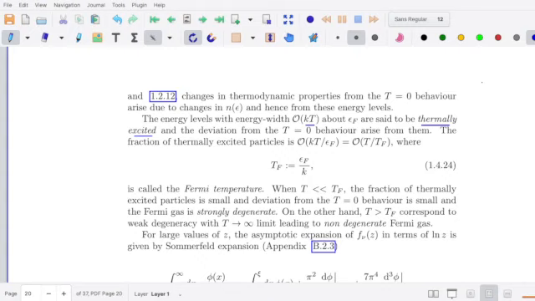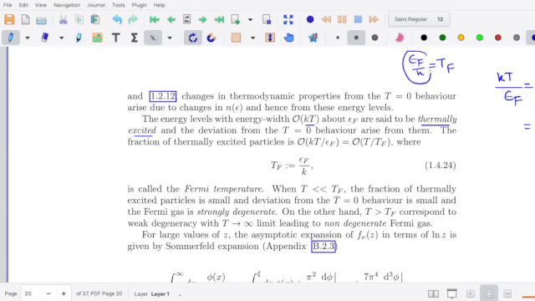The fraction of thermally excited particles is of the order of the energy width, which is of the order of kT, divided by the energy width up to epsilon F, that is epsilon F. So this can also be written as T by (epsilon F by k), and if we define epsilon F by k to be some T_F, then this will become T by T_F.